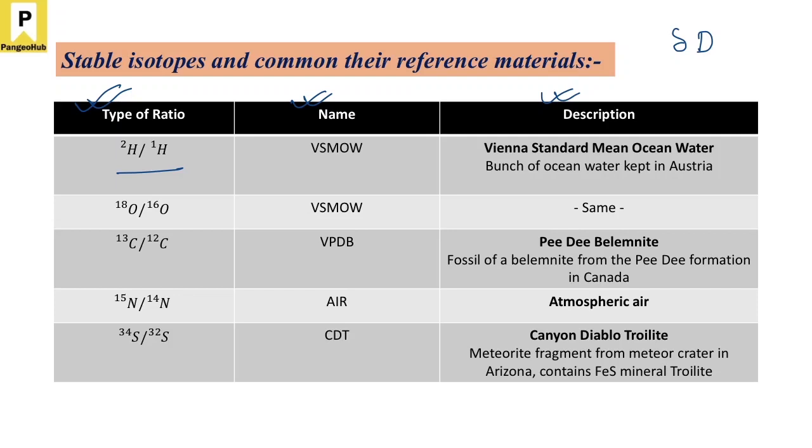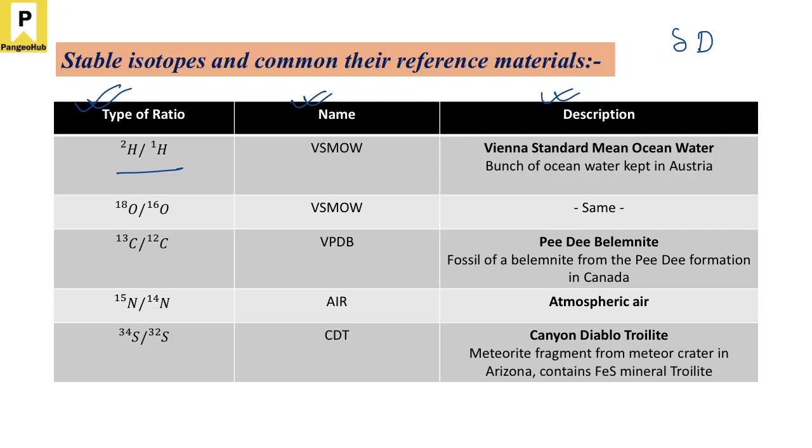The standard name is VSMOW, that is Vienna Standard Mean Ocean Water. This is a bunch of ocean water kept in Vienna, Austria. Vienna is the capital of Austria.